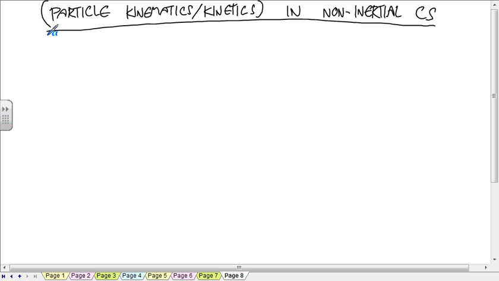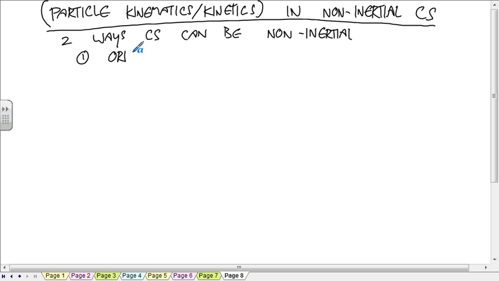All right, there are two ways that a coordinate system can be non-inertial. What are they? The origin accelerating. And the second one?